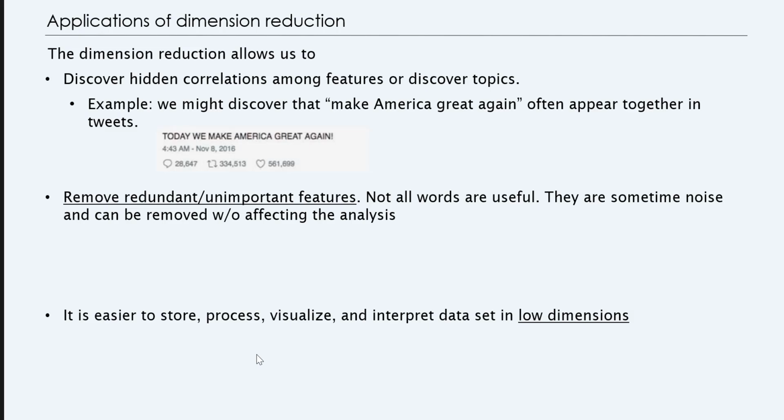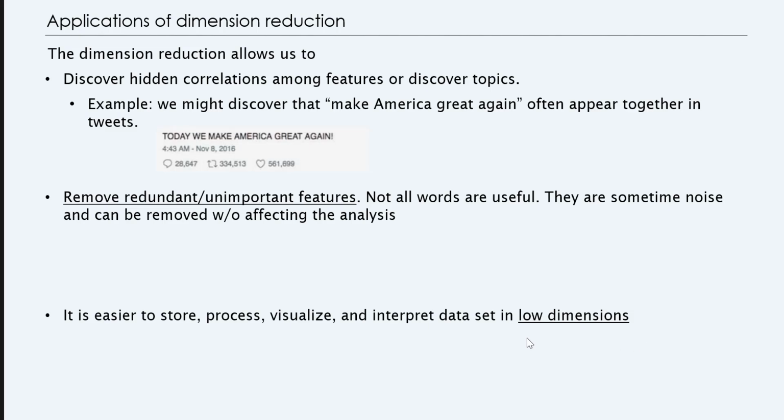We describe a technique for optimizing data analysis through dimensional reduction. It highlights discovering hidden relations among features of a topic, like identifying phrases that frequently appear together in former President Donald Trump tweets, which is "Make America Great Again." Or it can provide deep insights into the whole data set here.